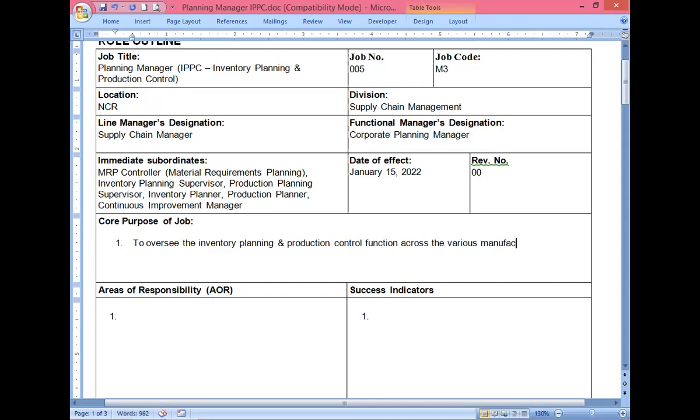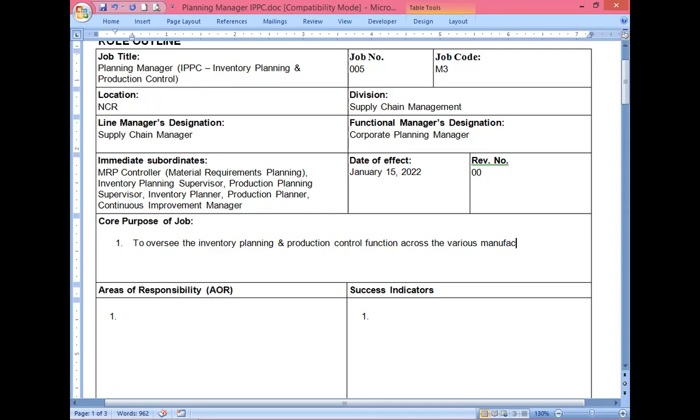Whenever I write a job description, especially for managerial positions, I always regard the responsibilities as being for a larger organization, not just a small one, where the area of responsibility is smaller, of course.